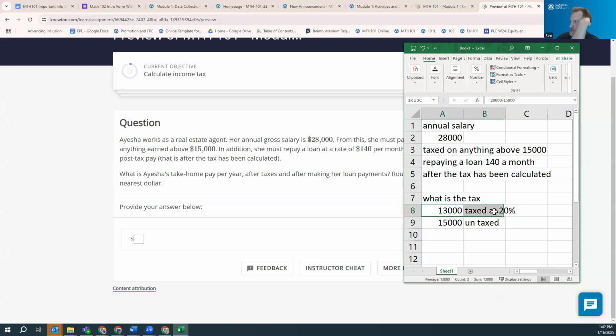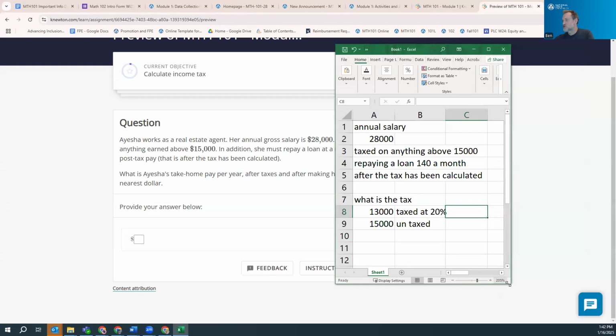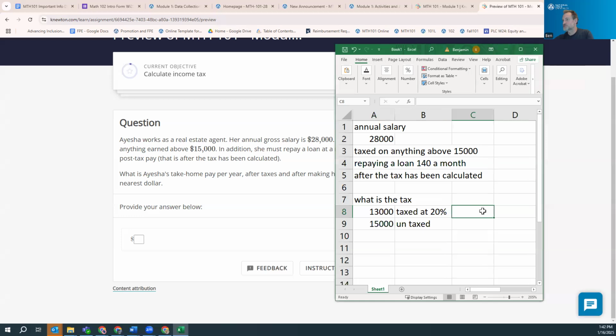So if this is taxed at 20%, then I only get 80% of it. I'm thinking in terms of the multiplier, and that was part of what I showed people in the synchronous session. So 100% minus 20% because I'm losing 20% of it. So if I multiply the 80% by the 13,000, then this is how much take home after tax.